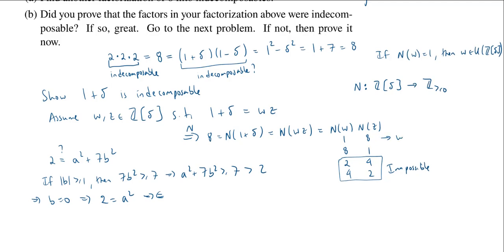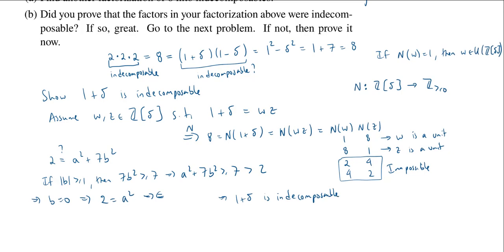So this would imply W is a unit. This would imply Z is a unit. And therefore we've determined if you can factor 1 plus delta, then one of the factors must be a unit. Okay, so this implies 1 plus delta is indecomposable.